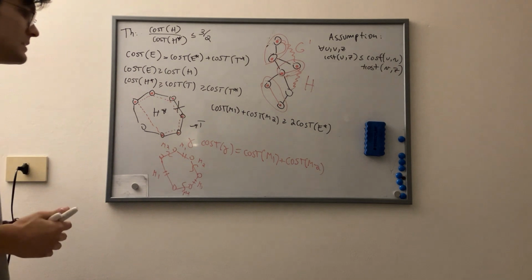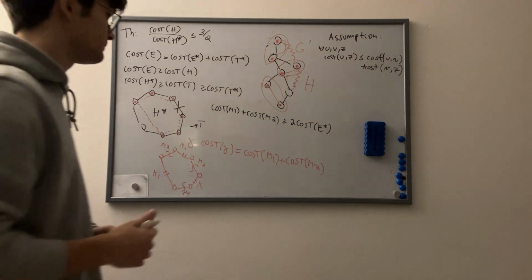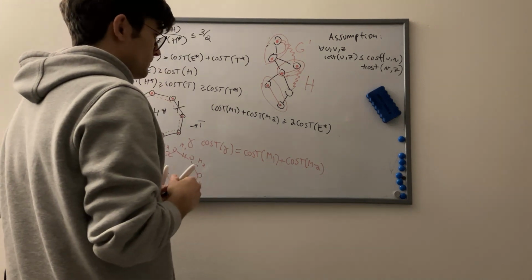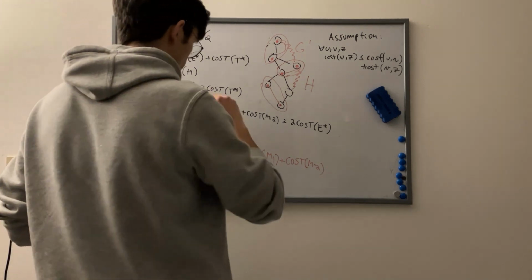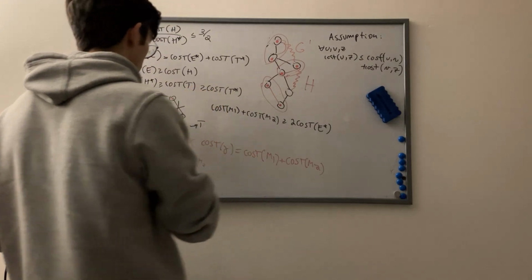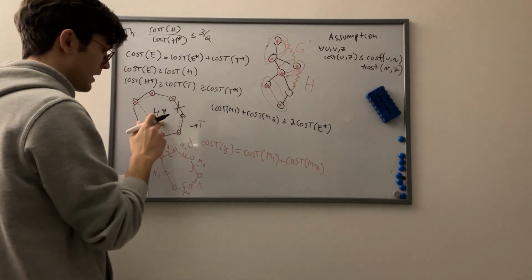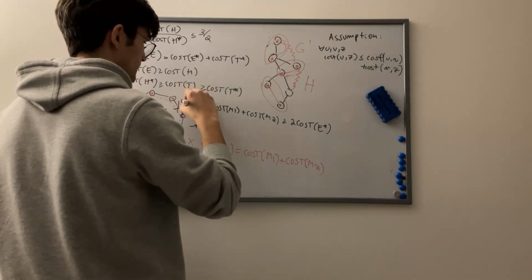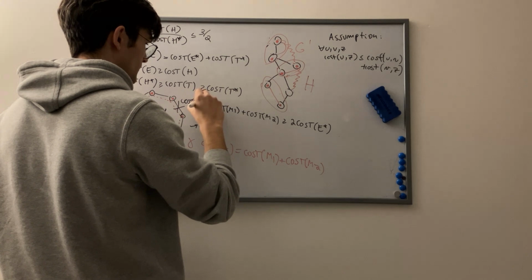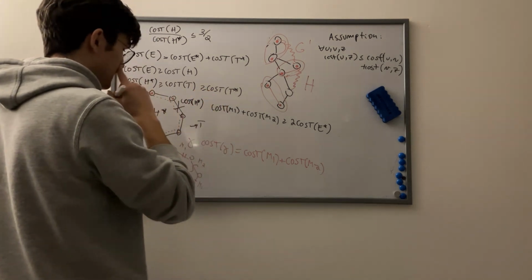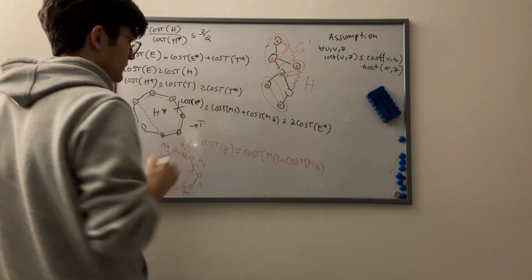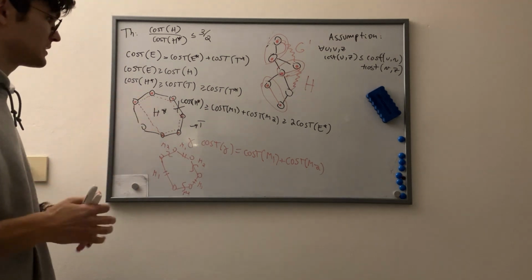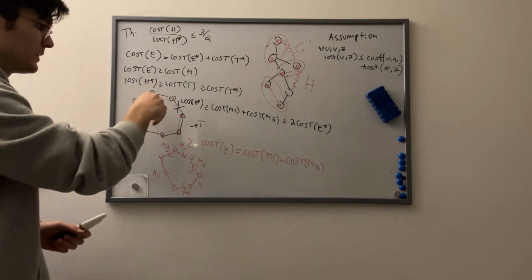And for sure, the cost of our optimal, H star, will be greater or equal than this stuff here, because we basically removed some edges from the optimal H star.